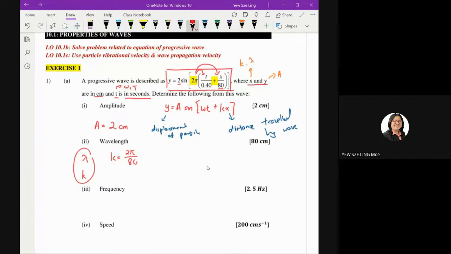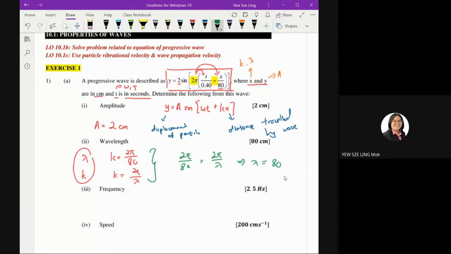Now what is the relationship between k and lambda? k is also equal to 2 pi over lambda. So when you combine these two equations, you have 2 pi over 80 equals 2 pi over lambda. So lambda is equal to 80.